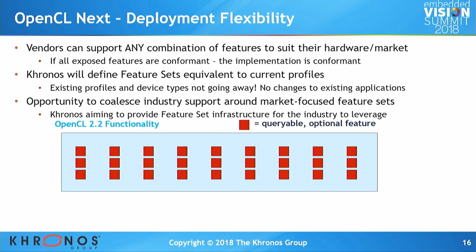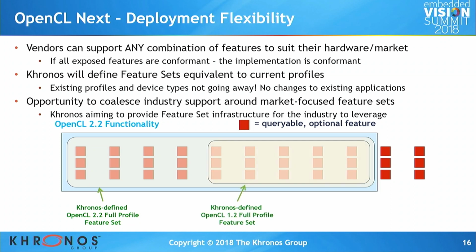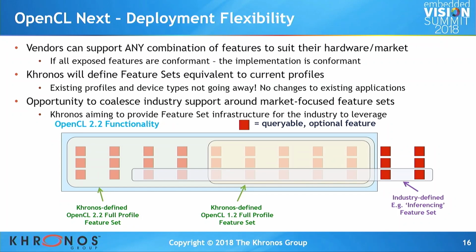So in the next generation, we are going to be, as well as adding new functionality, slicing and dicing the 2.2 and the 1.2 functionality, and letting people define market-specific profiles. We're going to probably call them feature sets. So for example, an inferencing feature set.